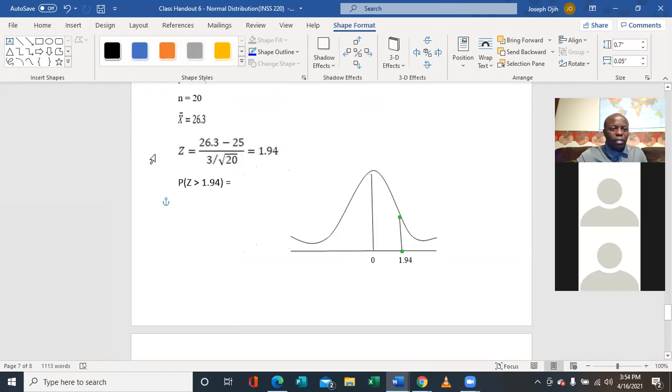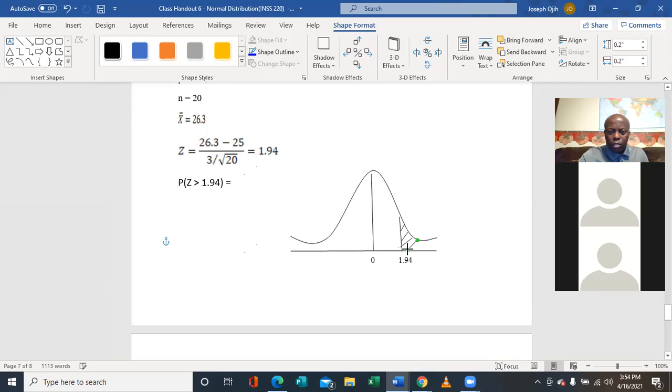Notice that whenever it's at the tail, whether it is a left tail or right tail, and if you're using this table that I recommend, you're going to subtract the answer you get from 0.5.